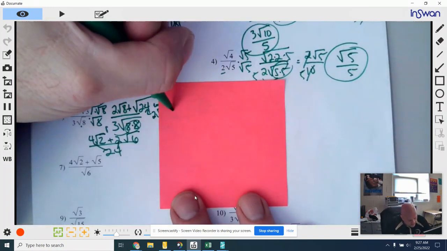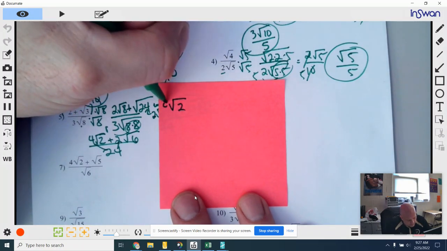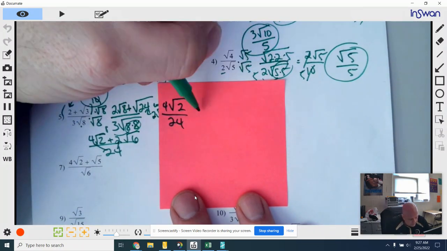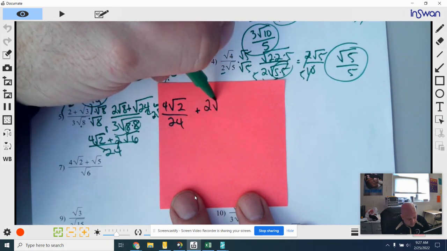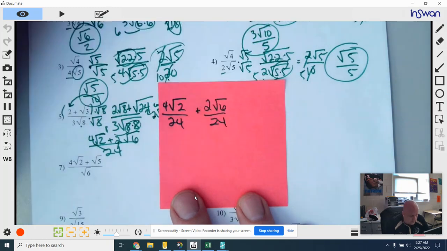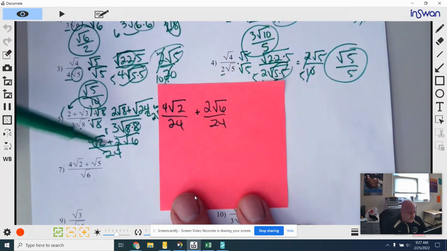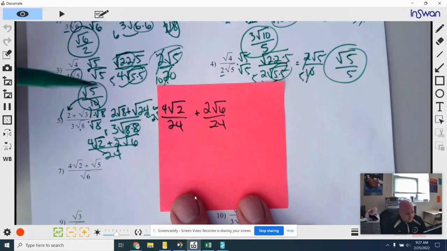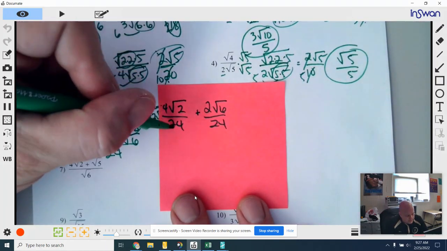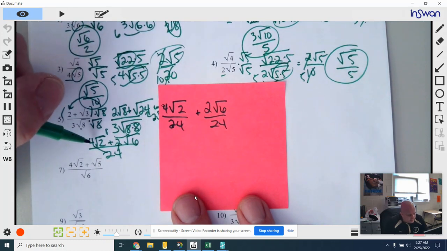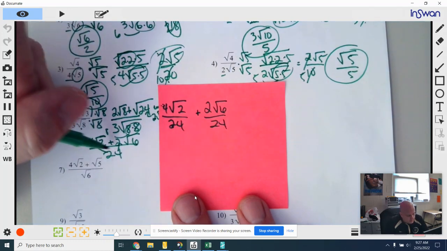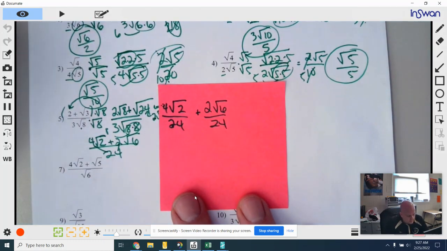If I say 4 root 2 over 24 plus 2 root 6 over 24, that's the exact same thing. So I can reduce these pieces with this. 4 and 24 and 2, well, they're all even.